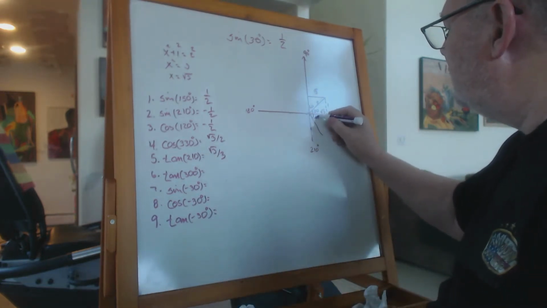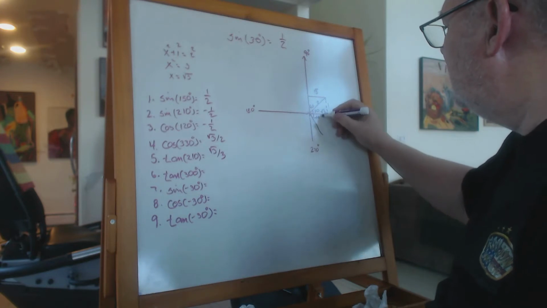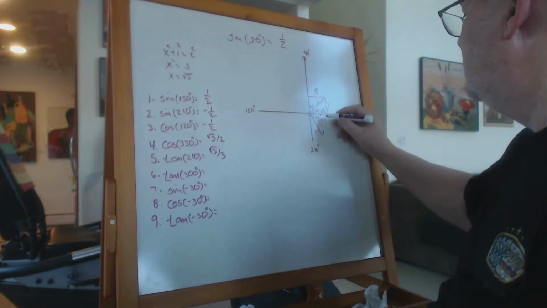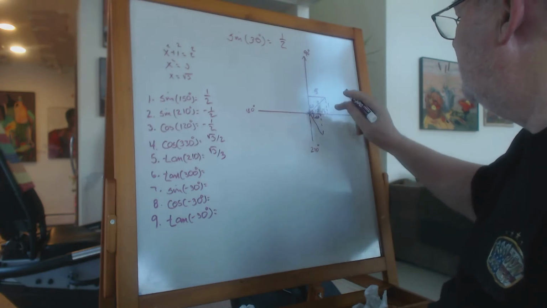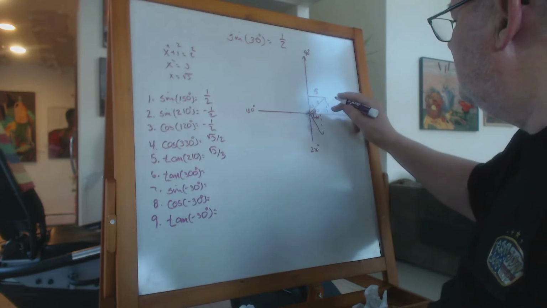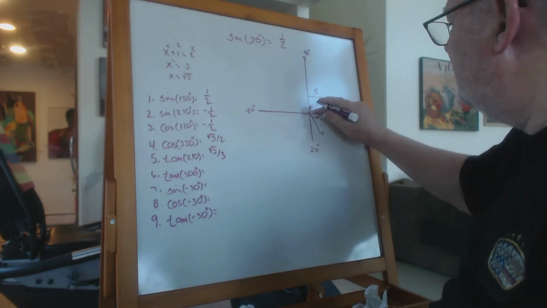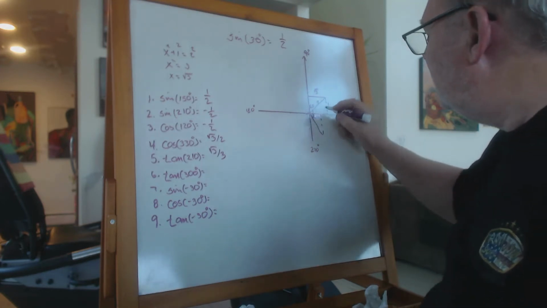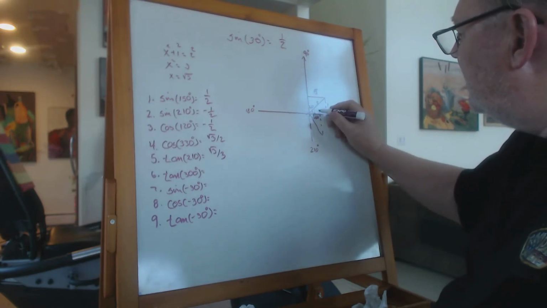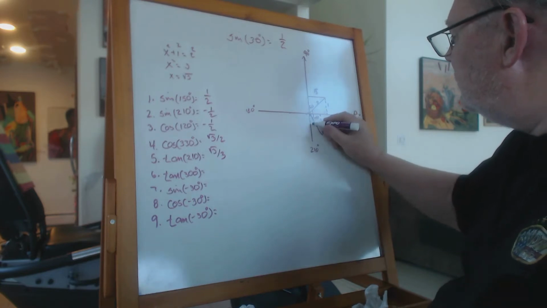Minus 60. So that's, we're gonna make some room here so I can write. So this is 30.